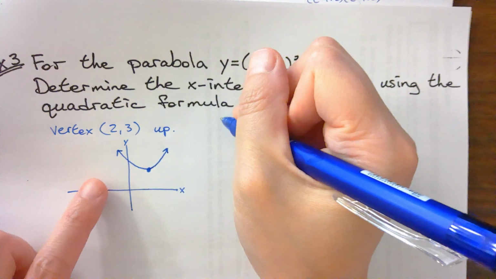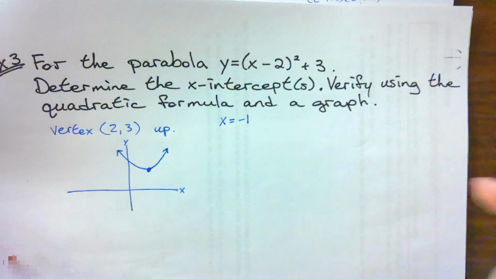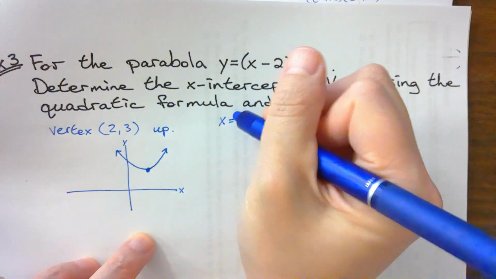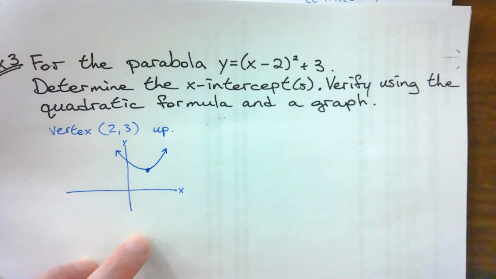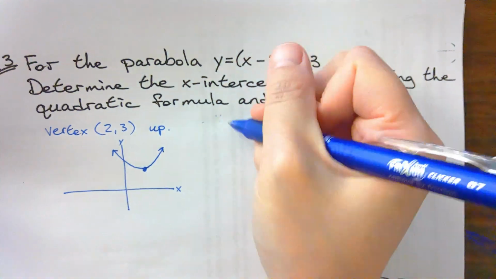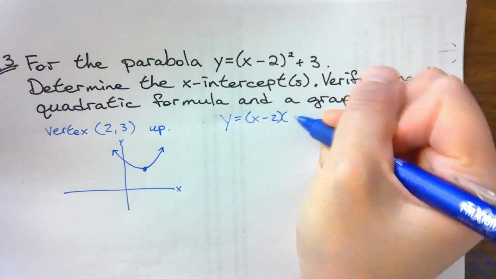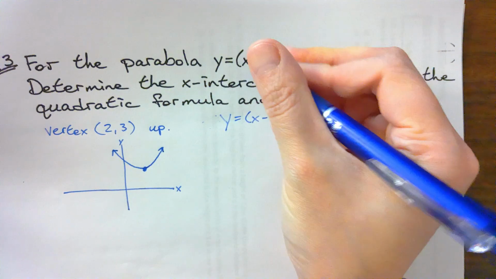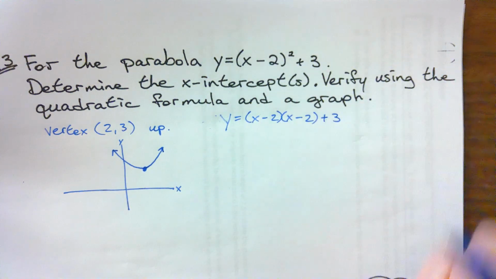Let's see how we get that error. So negative, oh, wait. Before we can go straight to the quadratic formula, what do I have to do first? Standard form. Excellent. So y equals, put this in standard form. Remember, standard form is not just x squared minus 4. You have to do FOIL.